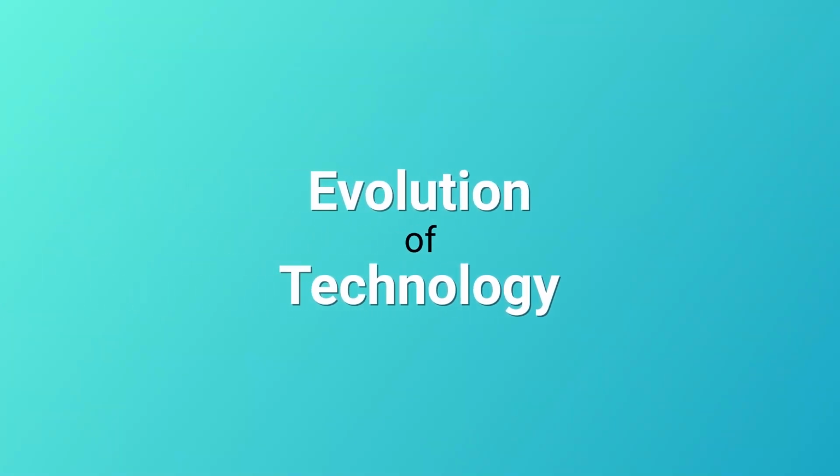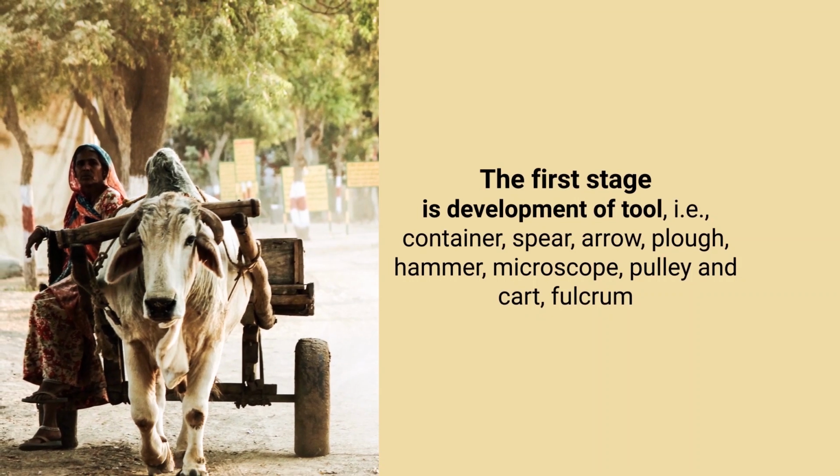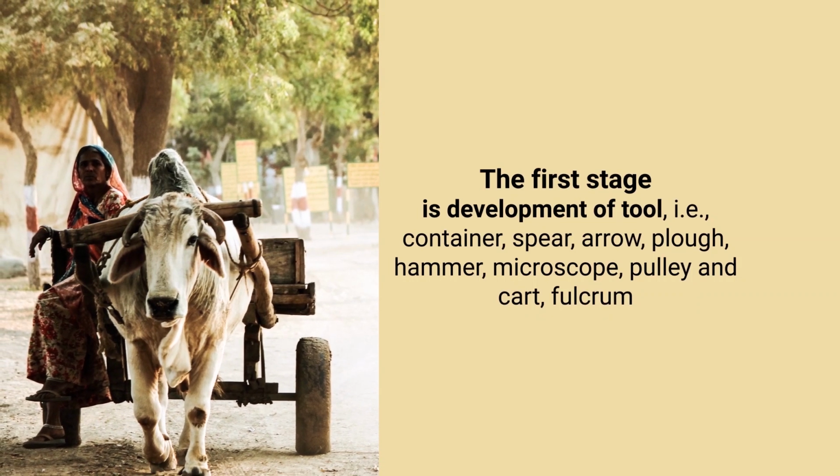Now, let us see how technology has evolved over the ages. We have witnessed three essential stages of the evolution of technology. What are these? The first stage was when simple tools were developed by early man, like a spear, an arrow, a container, a pulley, a cart, a fulcrum, a wheel.